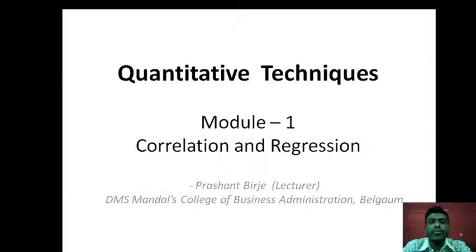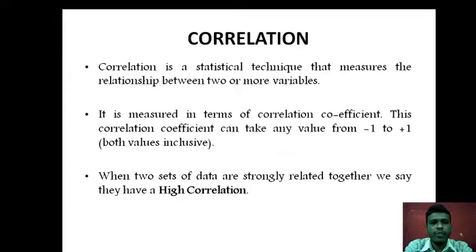So if two quantities vary in such a way that movements in one are accompanied by movements in the other variable, then these quantities are said to be correlated. If we want to define correlation, correlation is a statistical technique that measures the relationship between two or more variables.